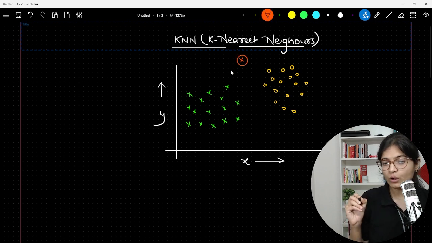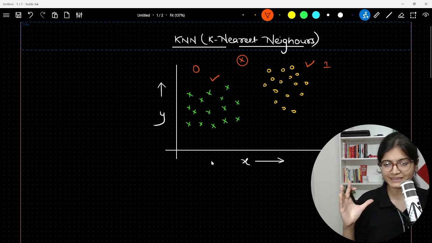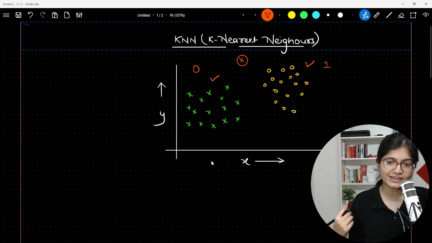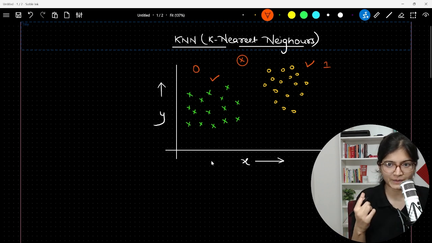This new data point doesn't know whether it belongs to this class, which is maybe the 0 category, or this class, which is, let's say, the 1 category. Okay. So let's assume that all the points in yellow color belong to diabetic patients, and all the green data points belong to the 0 class, meaning they are not diabetic patients.